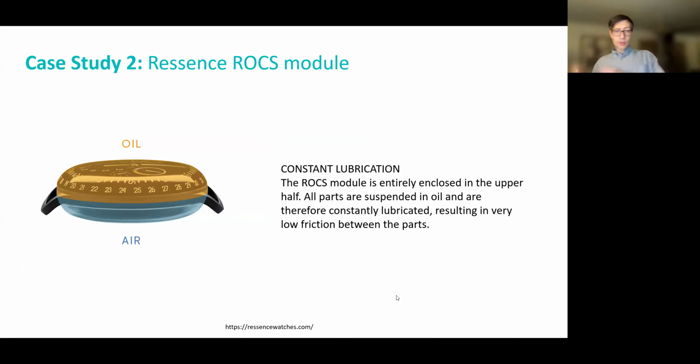And now taking us completely to the other side of the spectrum, from no lubricant to a lot of lubricant, the Resonance ROX module, which is entirely filled up in the upper half with lubricants, and all parts are suspended in oil. Resonance is claiming that with that they achieve a constantly lubricated regime, resulting in very, very low friction between the parts.